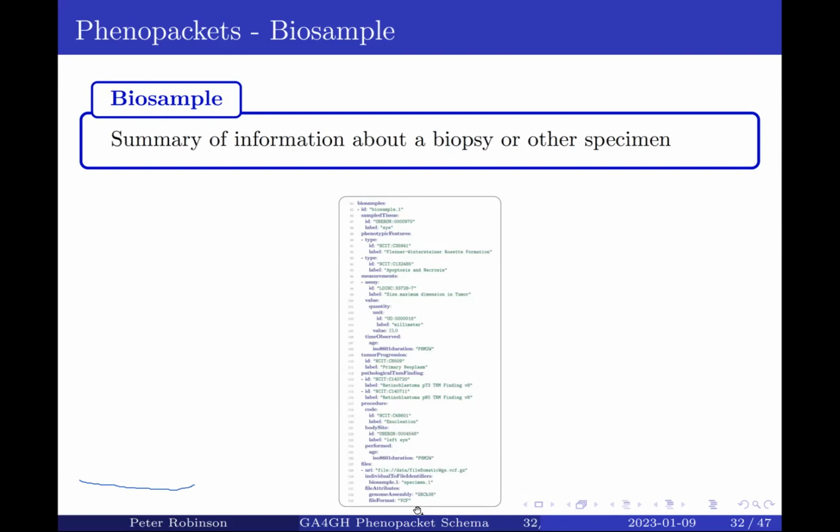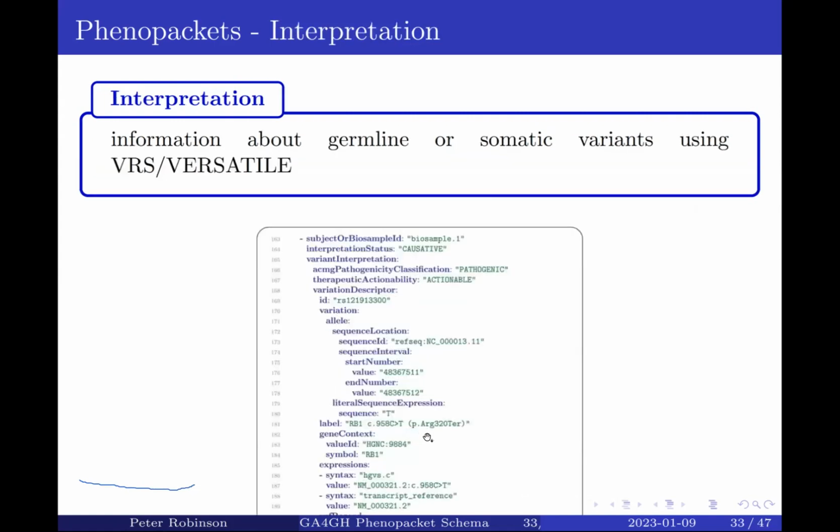And this was then sequenced, so there was a genome sequencing not only of the blood, but also of the tumor sample. And this then can be used to give context to genetic findings.